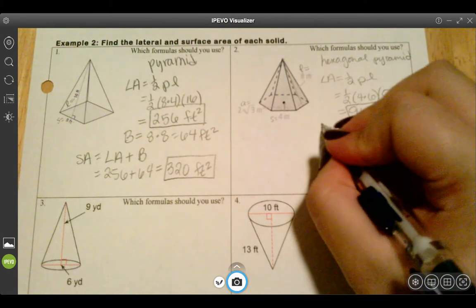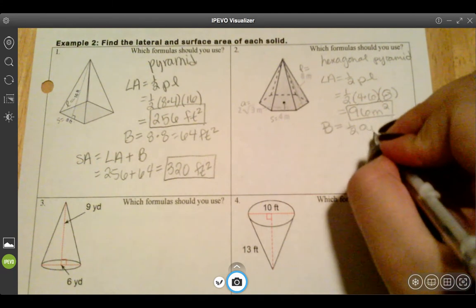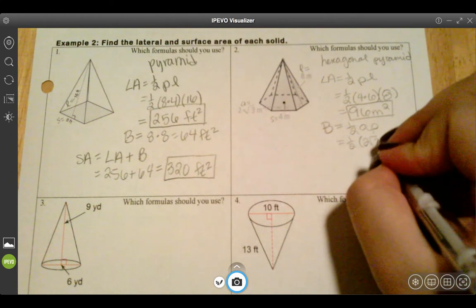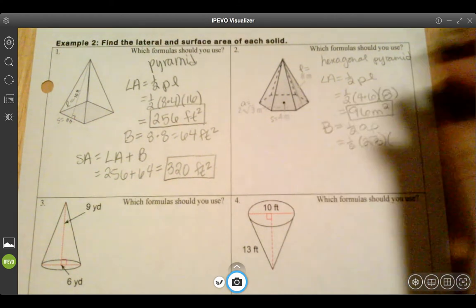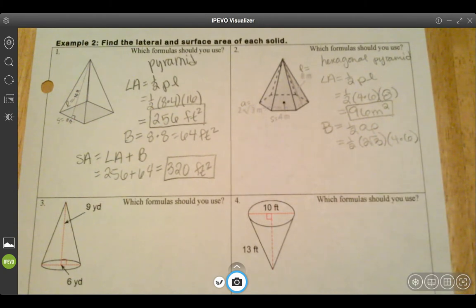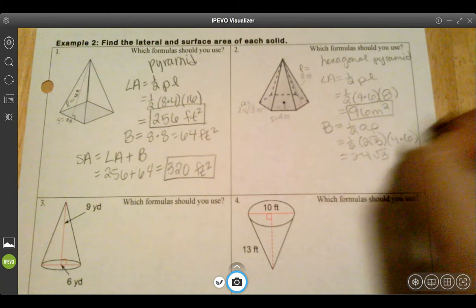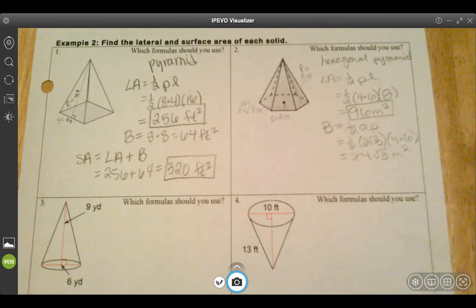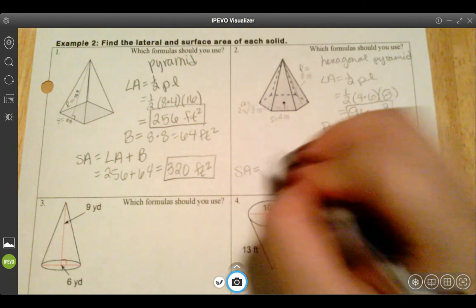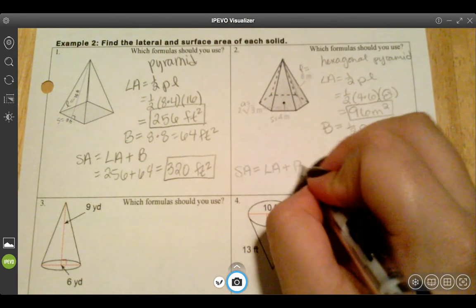Our base is a hexagon, so we use 1/2 AP, where my apothem is 2√3. And the perimeter, we said, is 4 times 6, same perimeter as before. Put that into the calculator, we get 24 times the square root of 3 square meters. Finally, we have enough information for our surface area, which is lateral area plus how many bases do we have? Just 1.